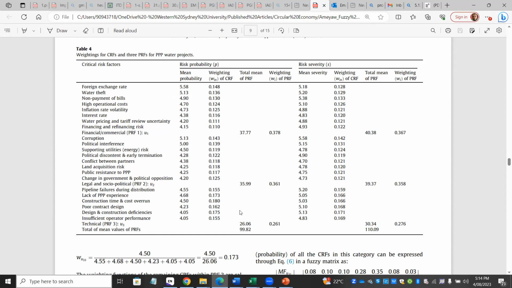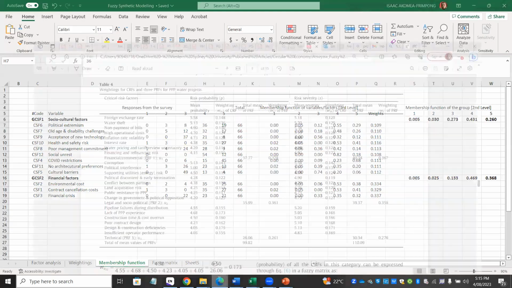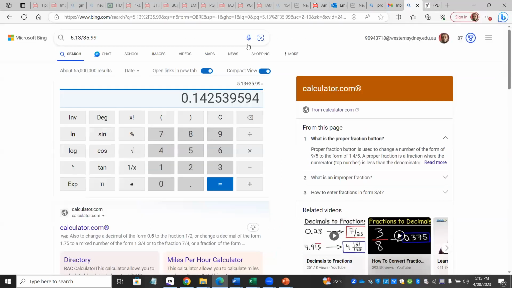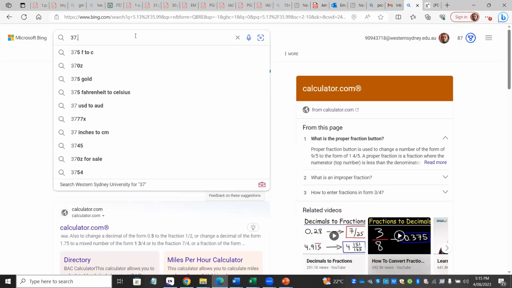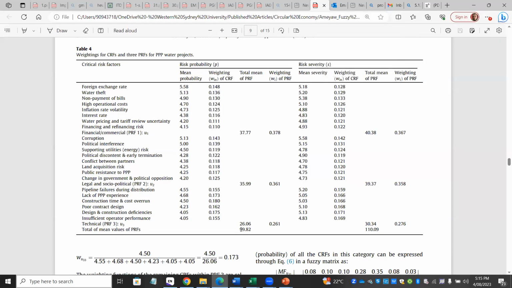So to get the weighting of group 1, you take 37.77 and divide it by the total mean of all the groups summed together, which is 99.82.